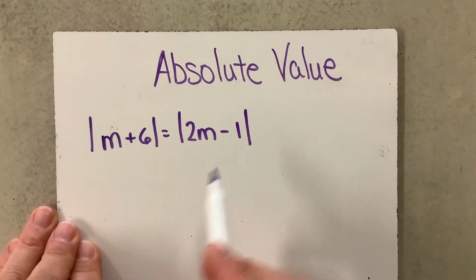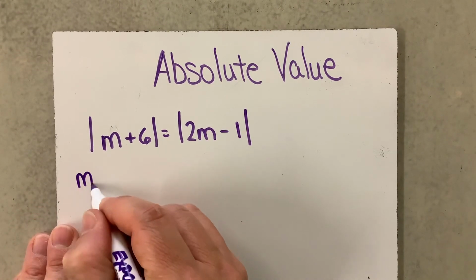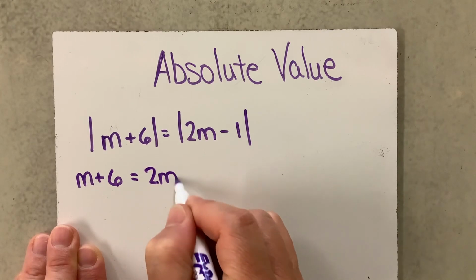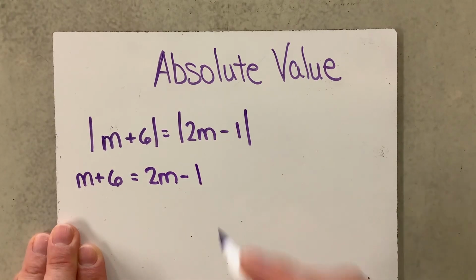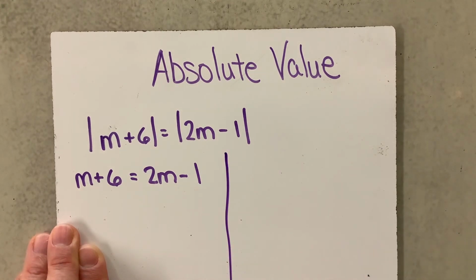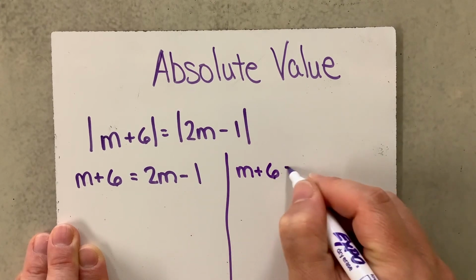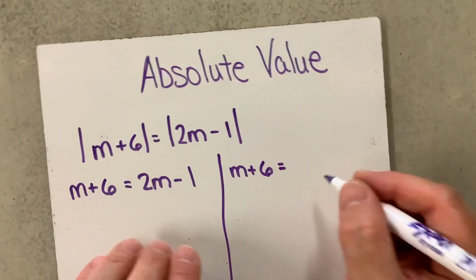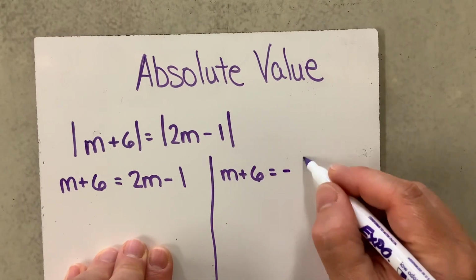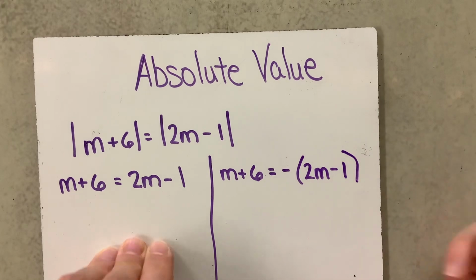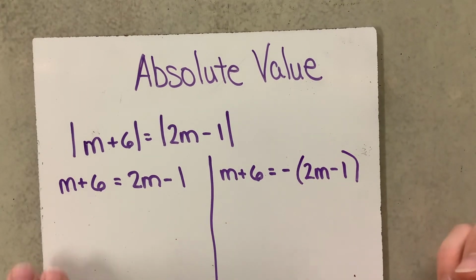Same as before, the m plus 6 is going to equal the 2m minus 1. But it is also going to equal m plus 6 equals the negative of this. So the negative, now be careful, put parentheses, of 2m minus 1, because the whole thing is negative.